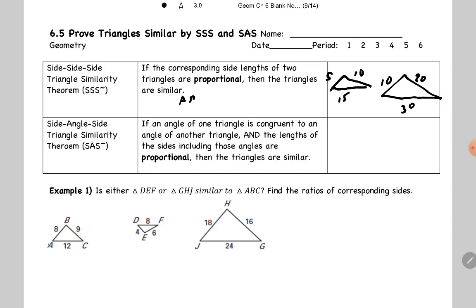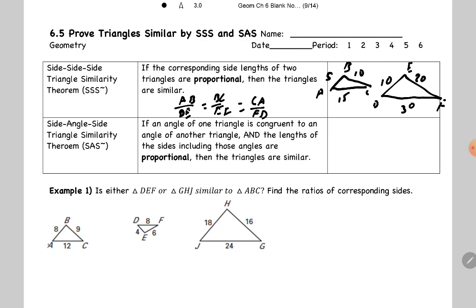So if AB over DE is equal to BC over EF, which is equal to CA over FD, so this is ABC, DEF. If the side lengths are proportional, then they are similar.